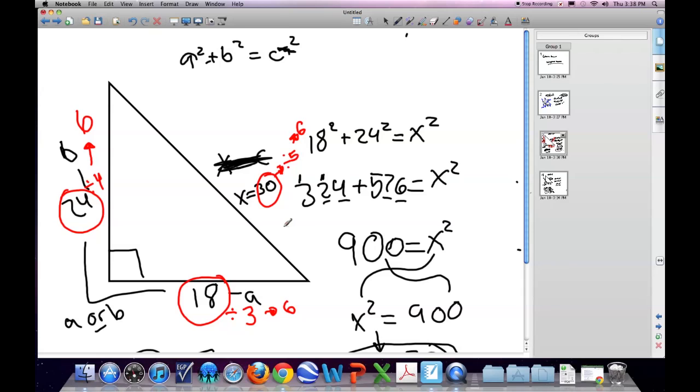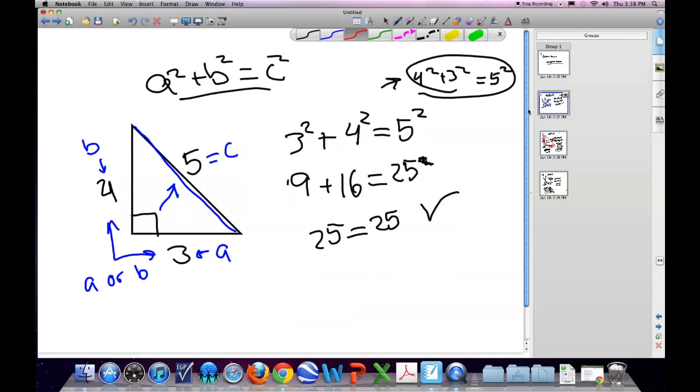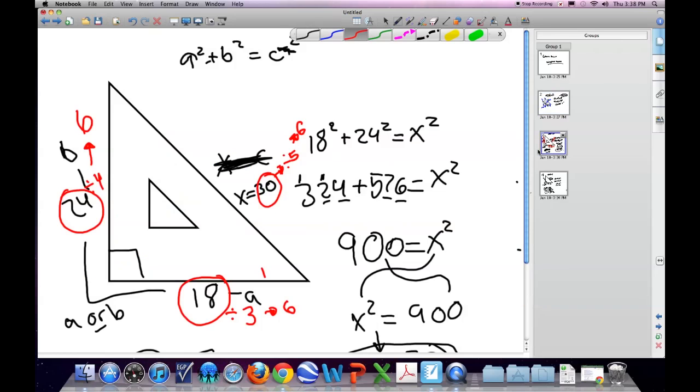But if you notice these numbers 3, 4, and 5, they are our original right triangle that we did on the front page, the first page, if you can remember. 3, 4, and 5. And what's going on is that you just took this right triangle and you made it bigger.